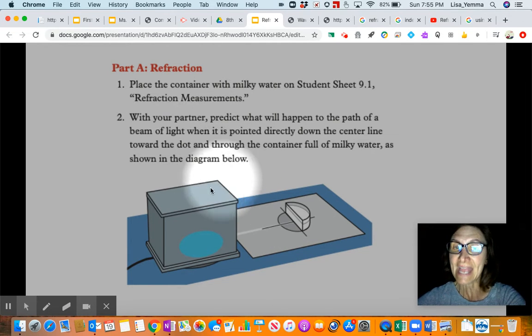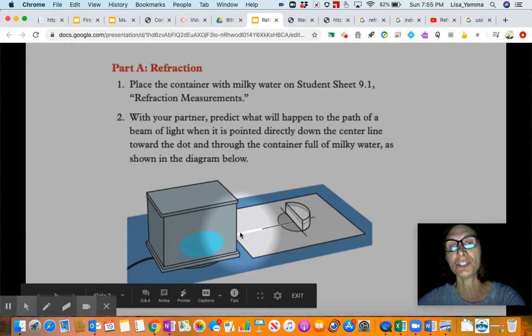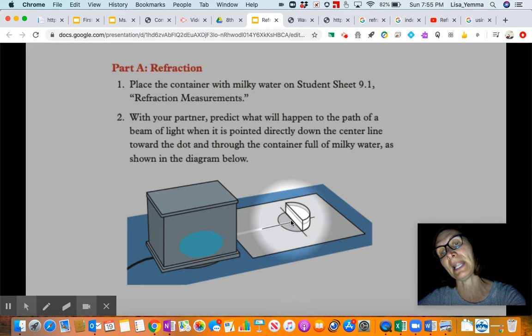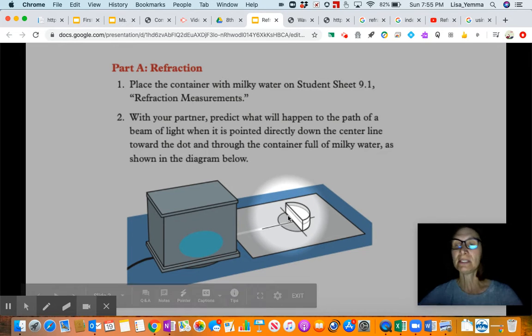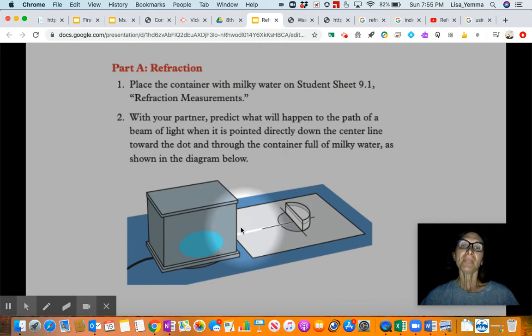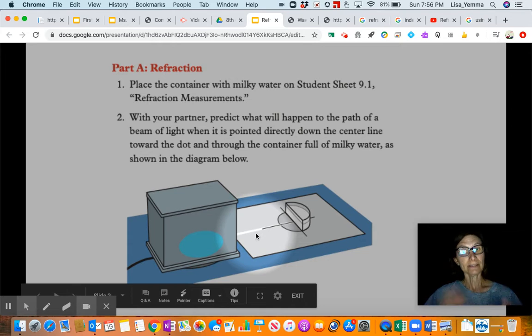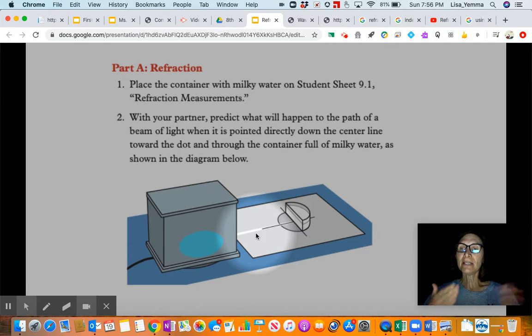We would then set up our light box and shine a laser beam light down the center of our milky container.